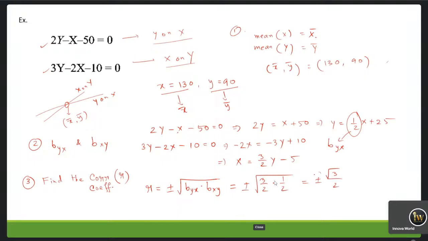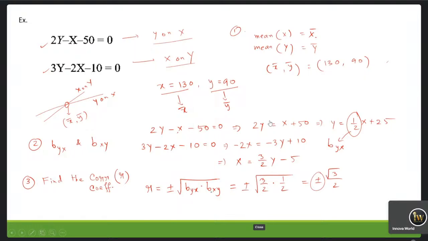Now the question is, which sign should be taken, plus or minus? One thing you should notice here: bxy and byx should both be positive or both be negative, because otherwise, if one is positive and another is negative, it will create a negative sign under the square root, which is not acceptable.